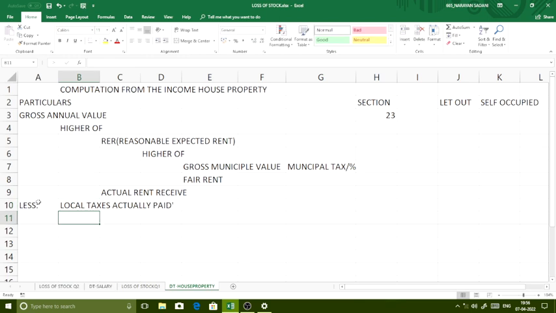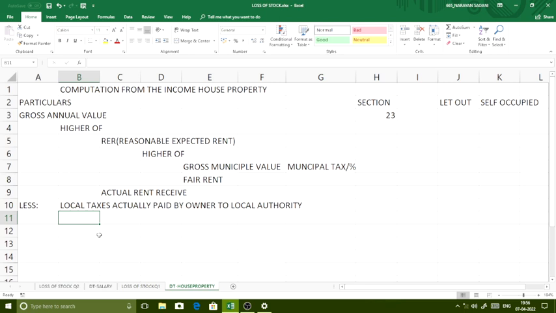It is based on cash basis, and it is the local taxes paid by the owner to the local authority.